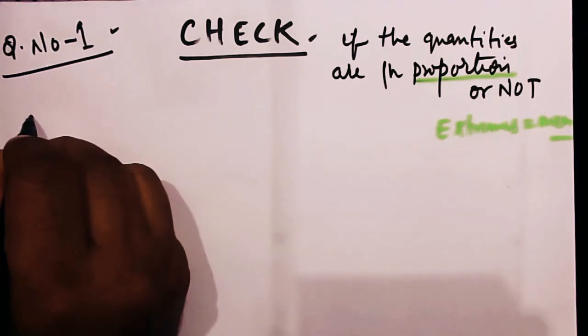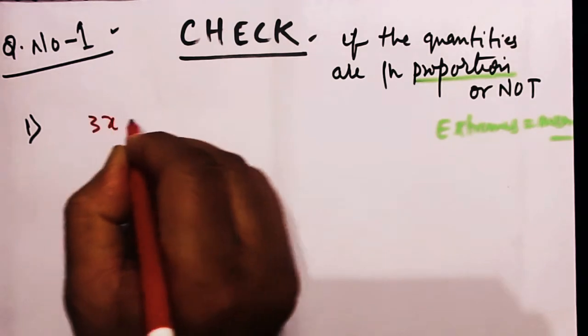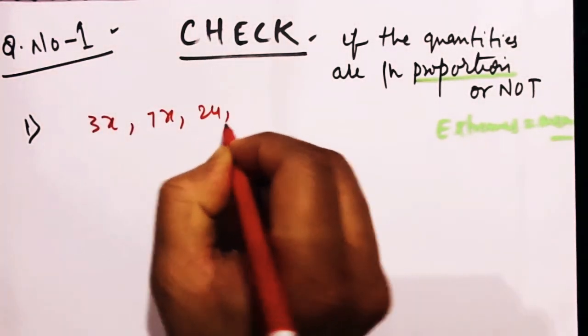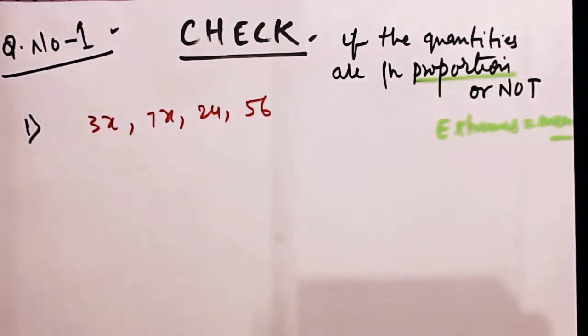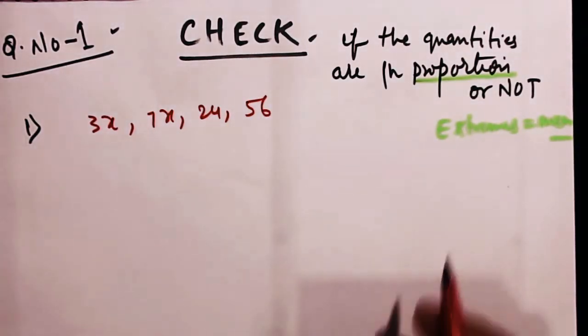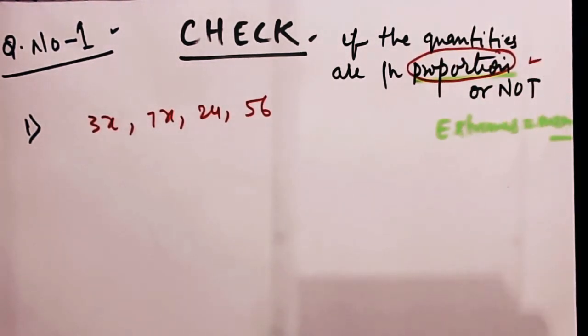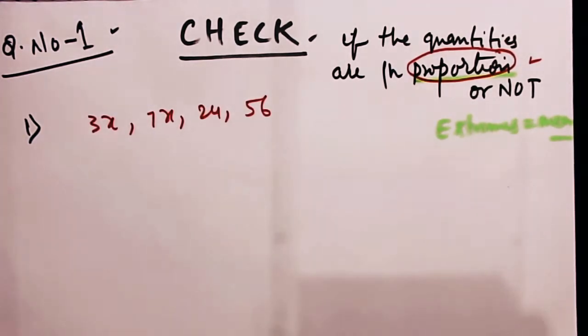In the very first question they have given you 3x, 7x, 24 and 56. So they have given you 4 quantities and they are asking you whether they are in proportion or not. Therefore, how are you going to begin? Presentation matters.